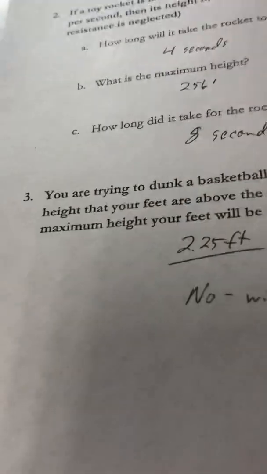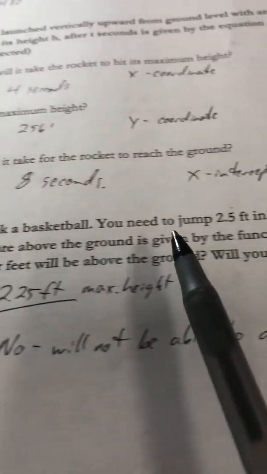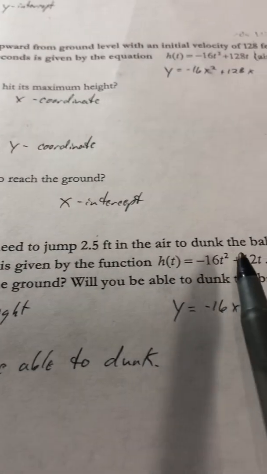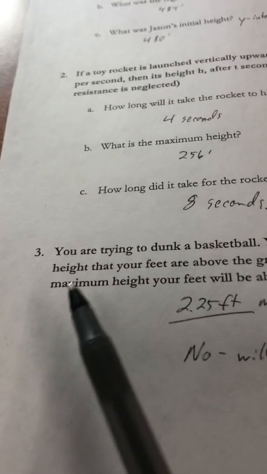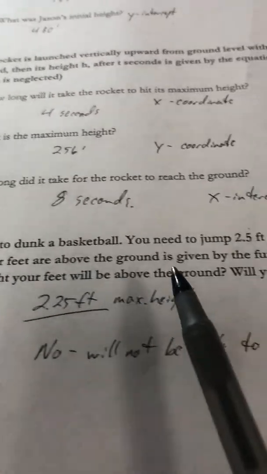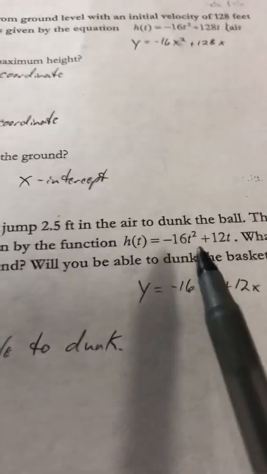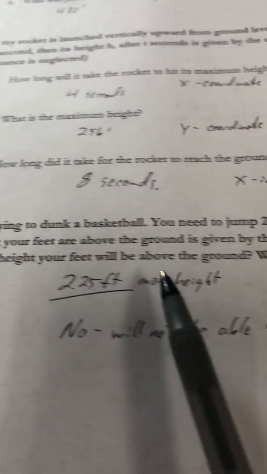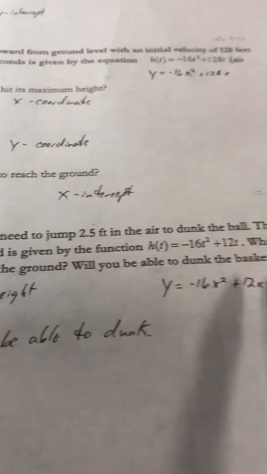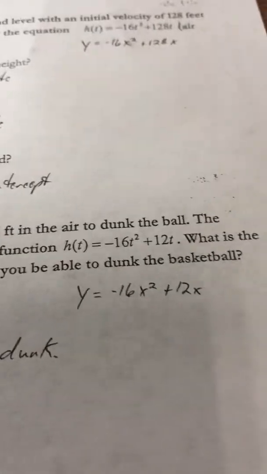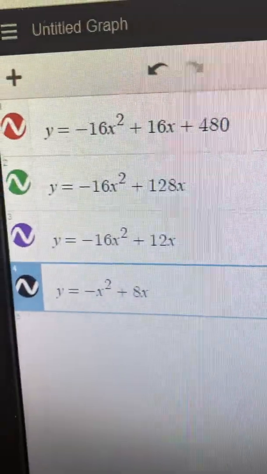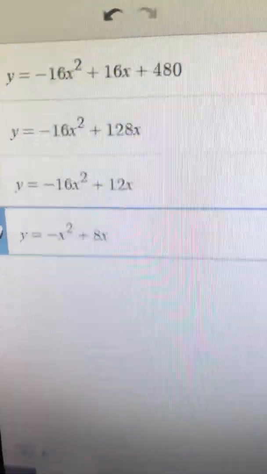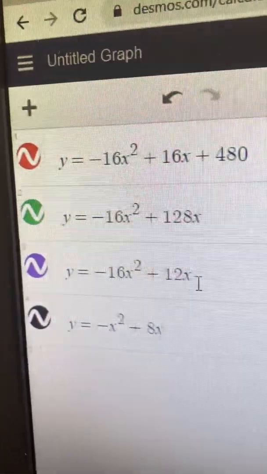All right, so for number 3, you are trying to dunk the basketball. You need to jump 2.5 feet in the air to dunk the ball. The height that your feet are above the ground is given in the function right there. What is the maximum height your feet will be above the ground? Will you be able to dunk the ball? So you plug this in, and you can see I did that in purple. Let me back this up and show you the purple one right there.